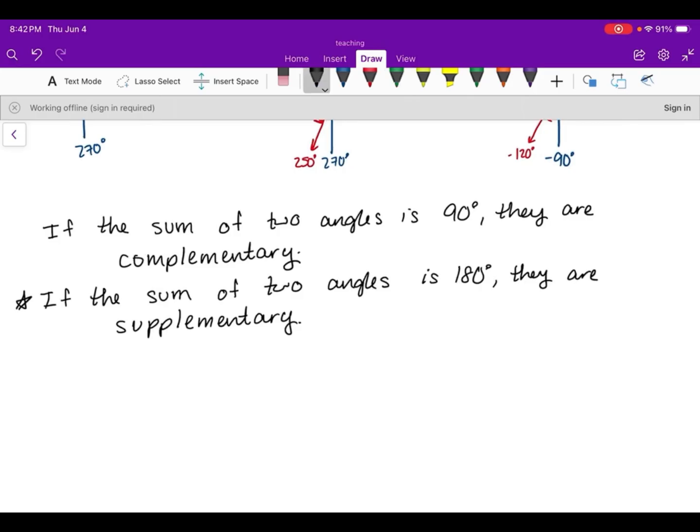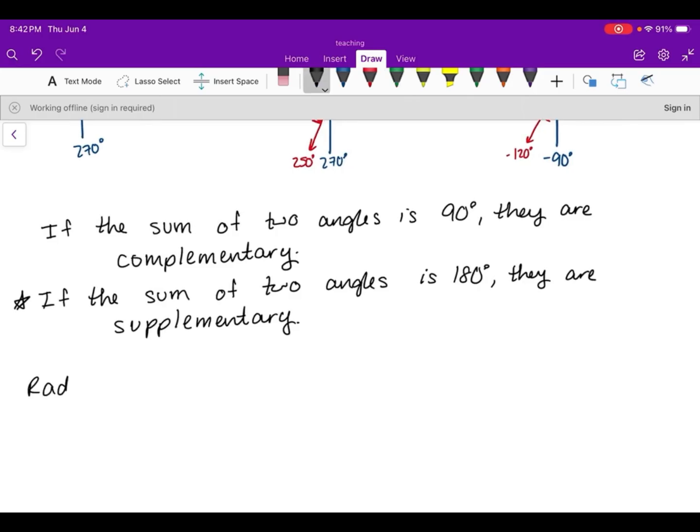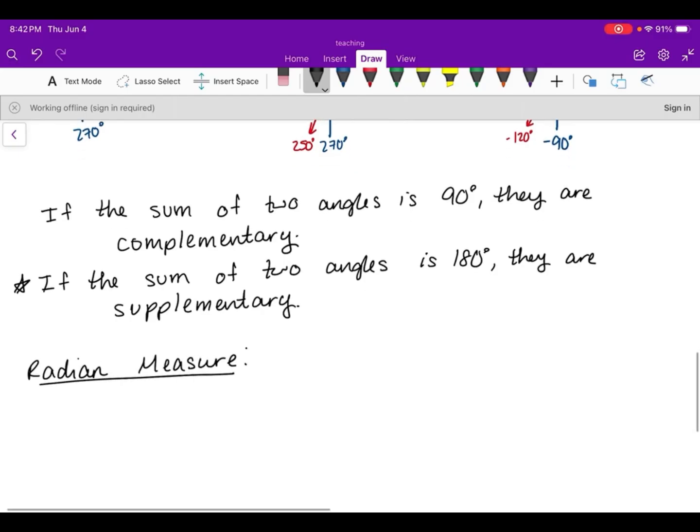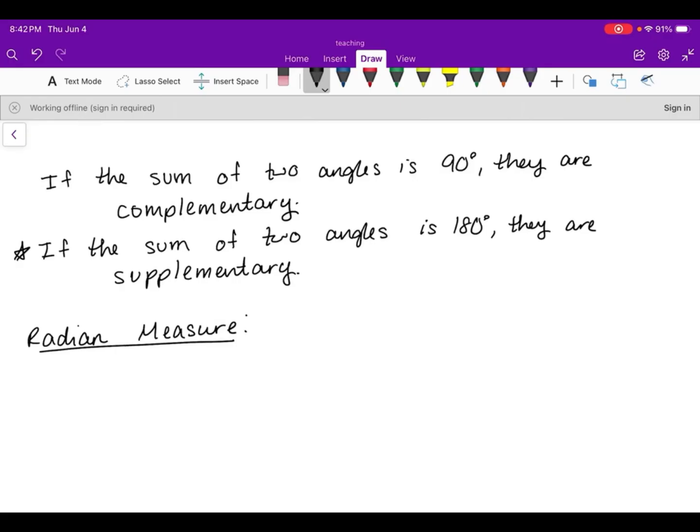Alrighty, now we're going to talk about radian measure. Radians is just another way to measure an angle. It's just a different unit of measurement. So I'm going to write for you the definition. It says the radian measure of an angle alpha in standard position.